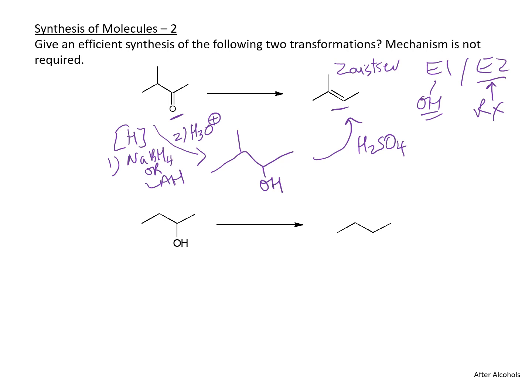I think I misspelled Zaitsev here. But in any case, it's a more stable alkene. Because it's the stable alkene, I can go ahead and do the dehydration without any problem. If it was a Hofmann alkene, which is the less stable alkene, I may have to do another step.